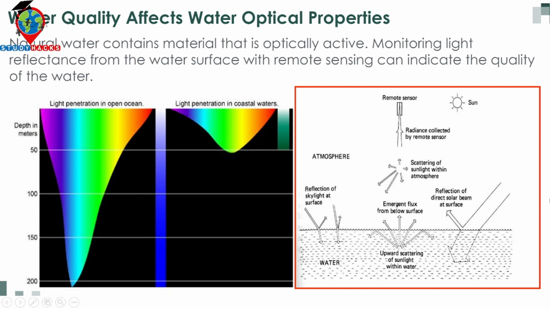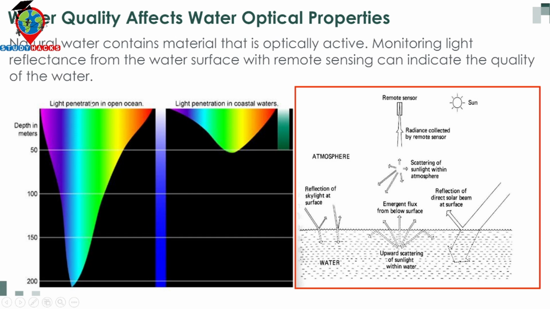Suppose this is a water body and it has some particulate matter. When the light is reflected on this water surface, it can indicate the quality of the water. Suppose the sunlight hits the water body and is reflected, and it is stored in our satellite imagery, and from here we can easily detect whether it is a water body or not. Here you can see an example about that.